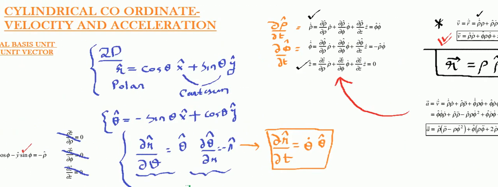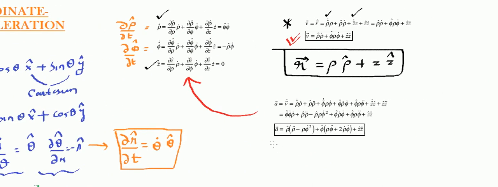You can do this calculation yourself and you find this acceleration term in the cylindrical coordinate system. You see, there are some accelerations directed in the rho cap direction, some directed in the phi cap direction, and some directed along the z cap direction.